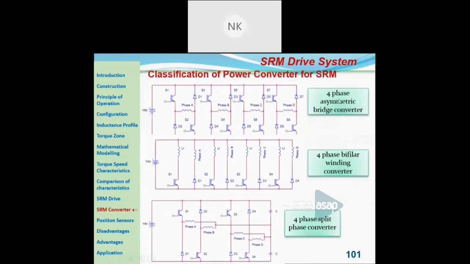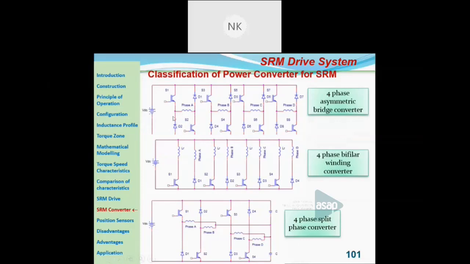You can have a 4-phase asymmetric bridge converter. And here, as you can see, the switches are S1 and S2. If you are exciting, one phase is excited at a time. That means independent control is possible. So if you have phase A, it has to be excited, meaning S1 and S2 have to be turned on. So you will have this circuit. The circuit will be closed, and current will be flowing through the circuit.